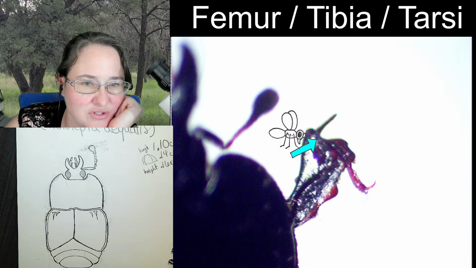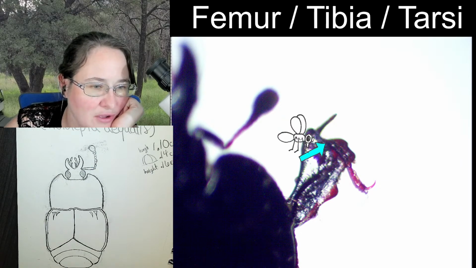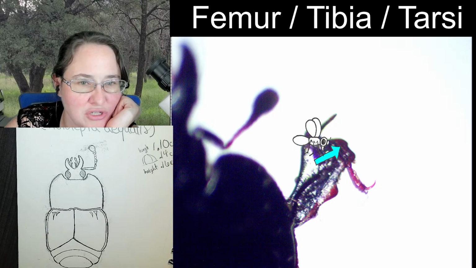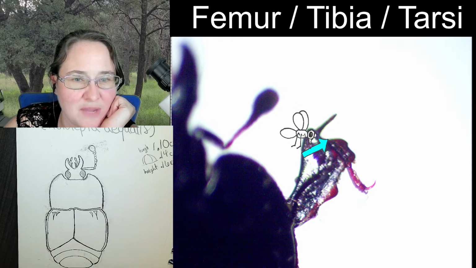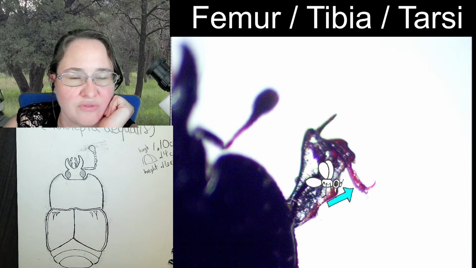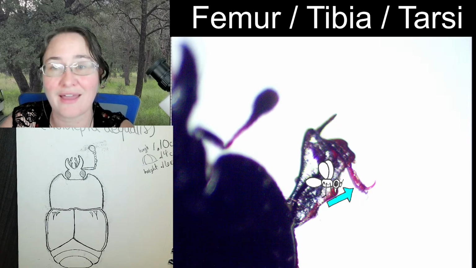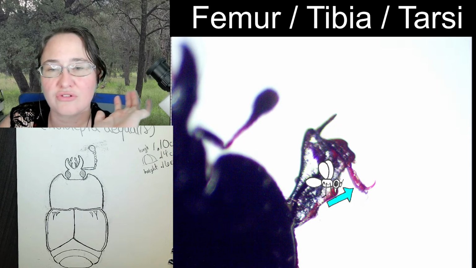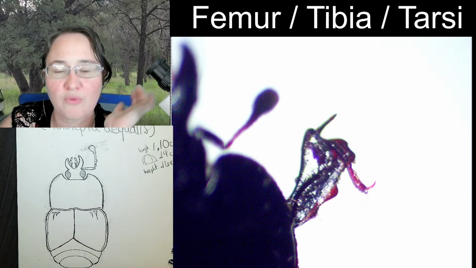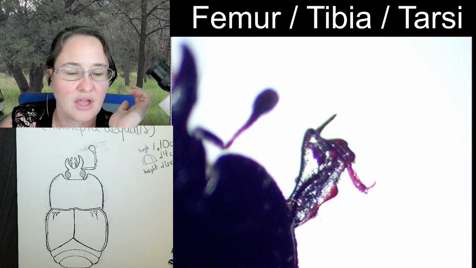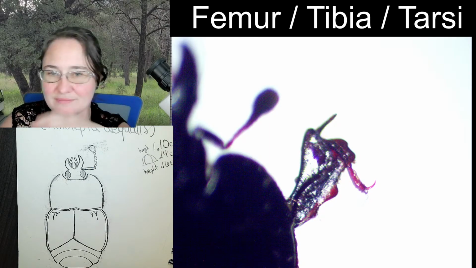I count 5 tarsal segments. There are 4 small square to roundy shaped tarsal segments, and then there's the 1 raindrop segment. Those will be easier for you to see on the middle leg and the hind leg where the tarsal segments are not all the way wonky. Alright, let's get drawing it.